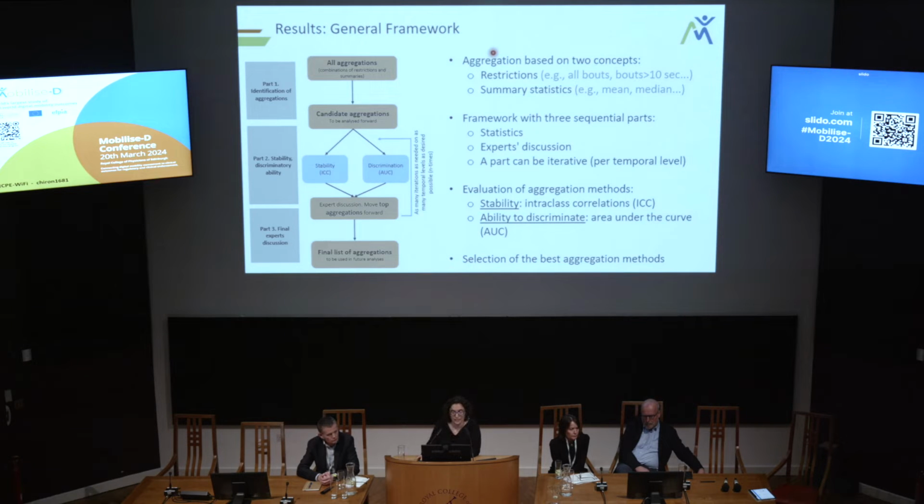The stability, because we understand that if something is stable, it's more representative of real life, and the ability to discriminate because it brings clinical meaning. We tested the first with intra-class correlation coefficients and the second with the area under the curve comparing disease with healthy people.